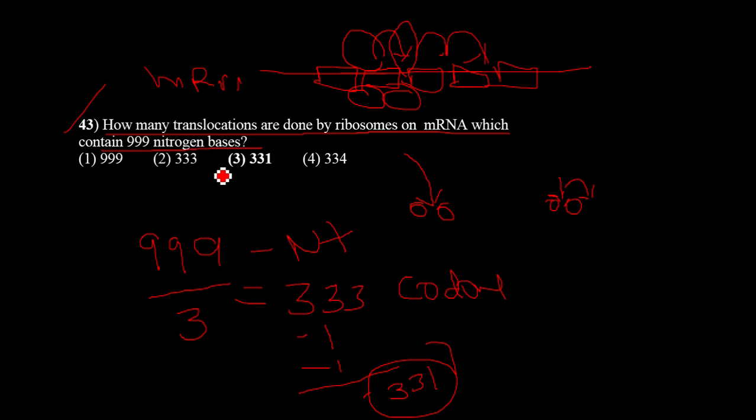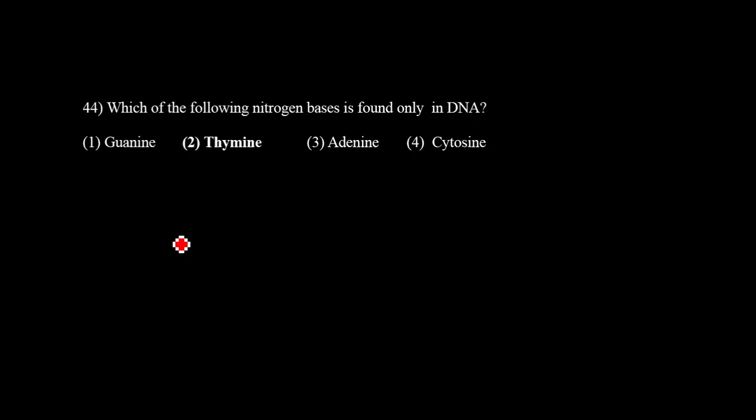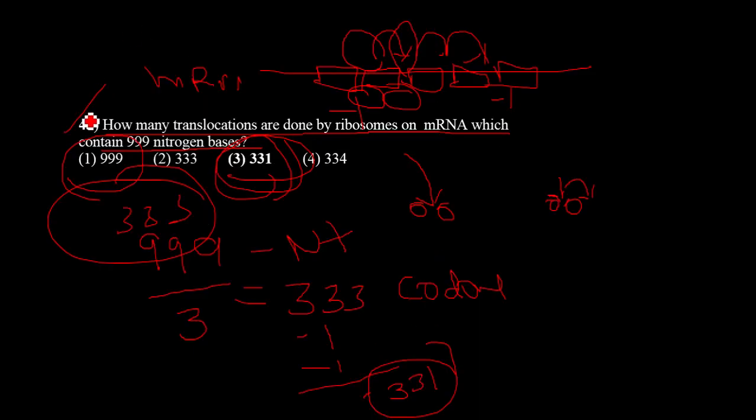For each codon it will translocate one time, but at the last there is no translocation, hence you do -1. At the start also there is no translocation, hence there also you do -1. Here translocations for 999 nucleotides or 333 codons is 331. Hence question number 43, option 3 is the correct answer.